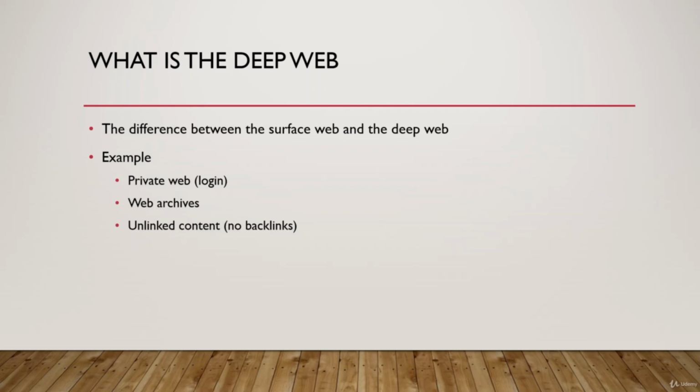And you have unlinked content. So that's very simple. It's all the content on the web that has no backlinks. What's backlinks? So let's say, for example, websites such as Quora or YouTube. Those websites have a lot of content and they have a lot of backlinks. Basically, it helps them with SEO, but that's not the topic of our course. Backlinks give your website visibility. For example, you put a link of your website on YouTube, and people will see this link.